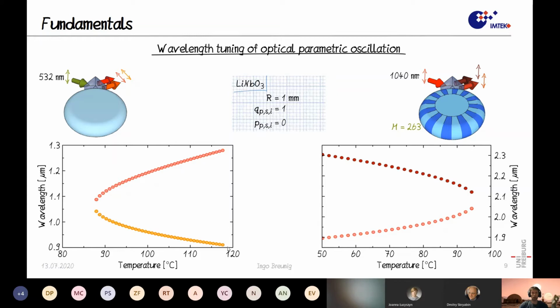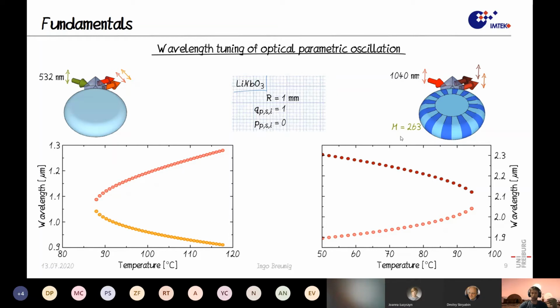So you can have a tuning between 900 nanometers and 1.3 micron roughly. If you like to pump in the infrared, at 1 micrometer wavelength, and you want to use the same polarizations for all output waves, which would give you the possibility to use the highest nonlinearity of this crystal, then, as I told you, you might need to compensate phase mismatch, and you can do this.